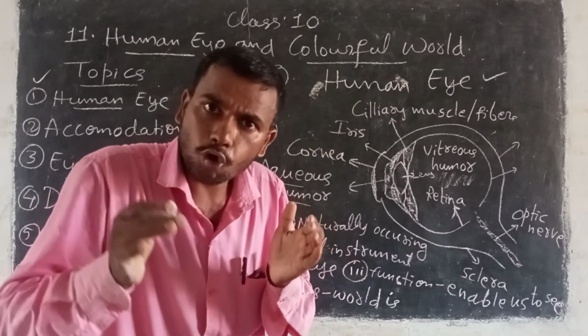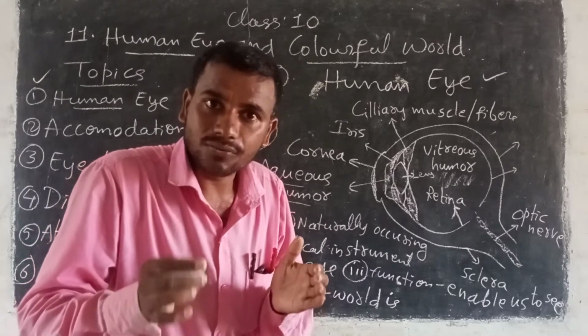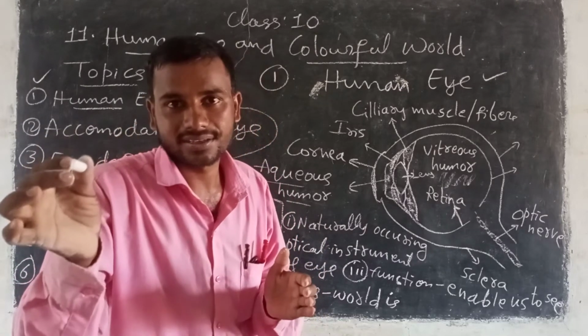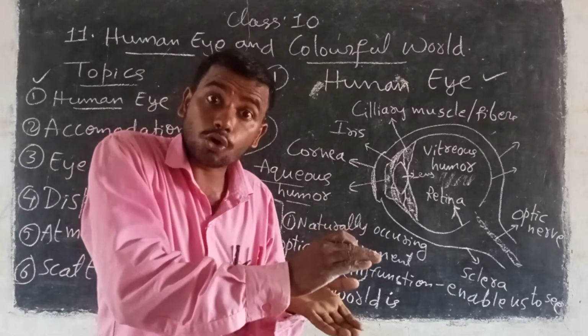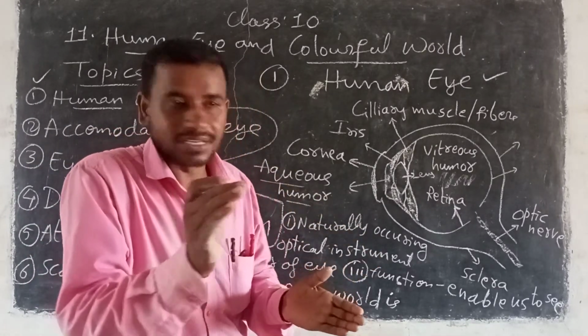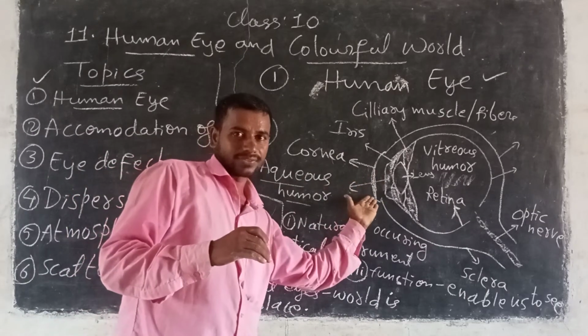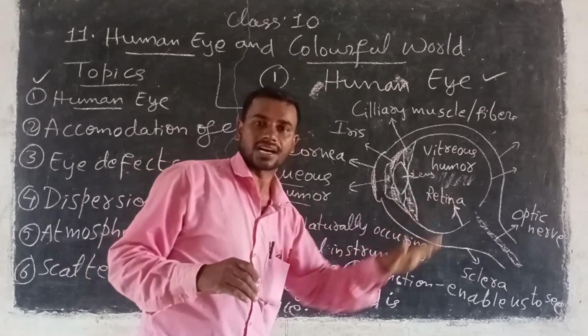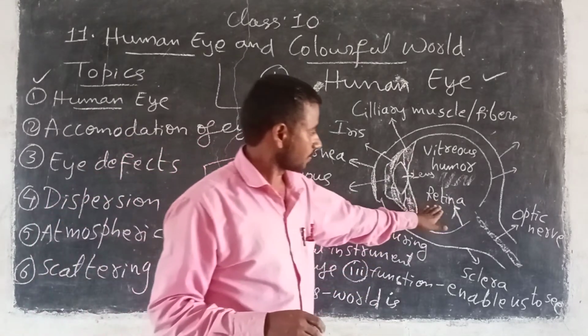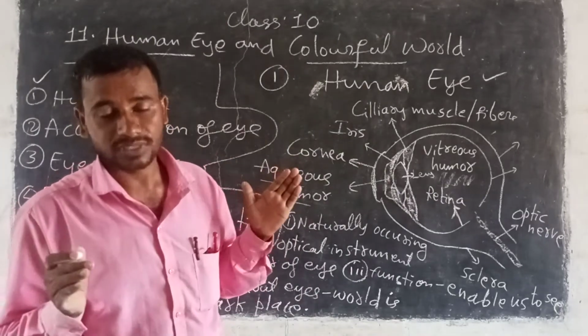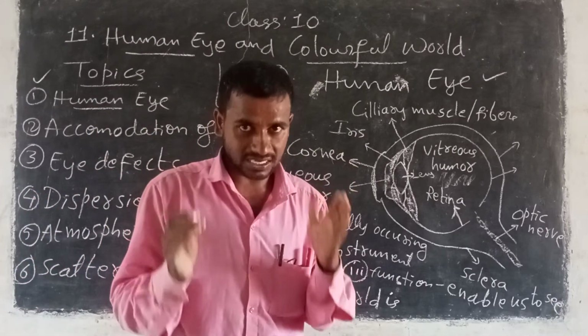Inside of the choroid, one liquid is there, its name is vitreous humor. Outside of the lens, one liquid there, its name is aqueous humor. Inside of the choroid, the retina is there. This is the eye and its parts, compulsory.